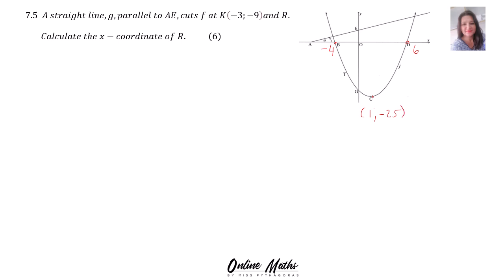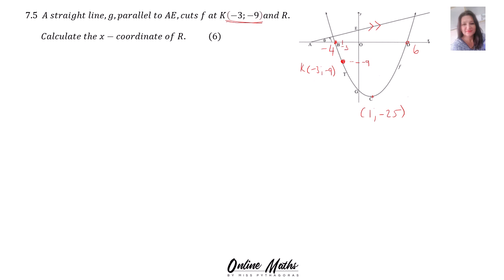Okay, so somewhere here there's a line that is parallel to our line AE that cuts f at a point K -3, -9. So I'm thinking if B is -4, then -3 could be somewhere there and -9 could be somewhere there. So let's just pretend that this point K, -3, -9 is lying there.